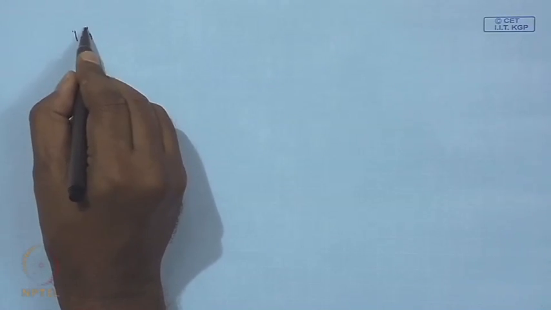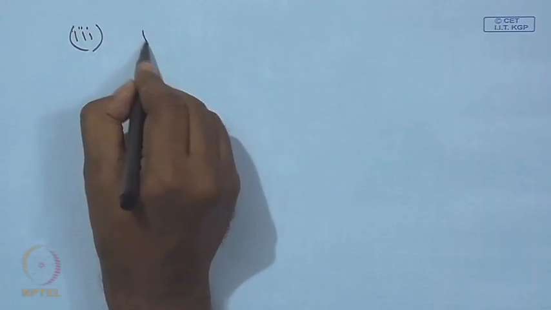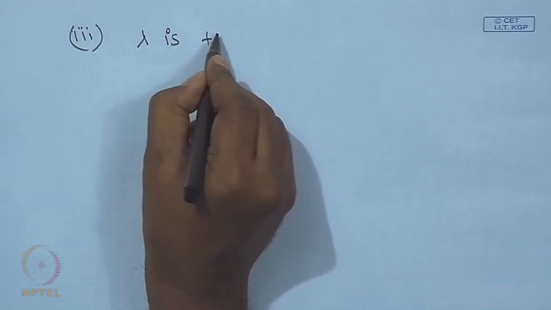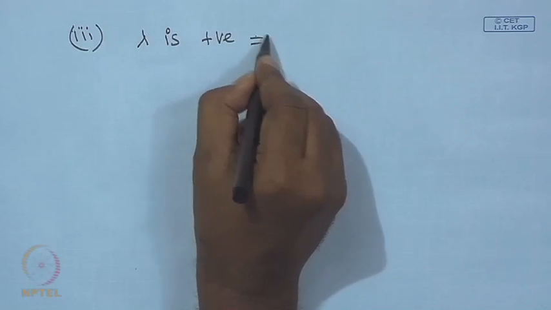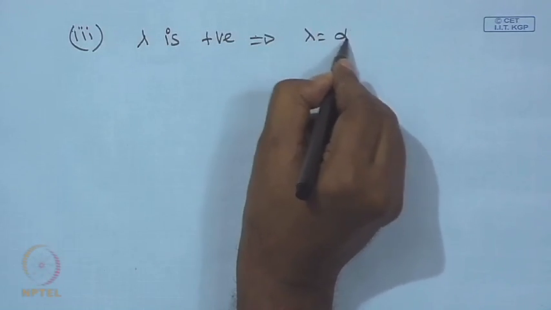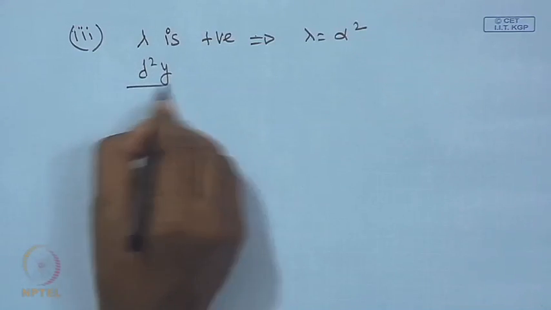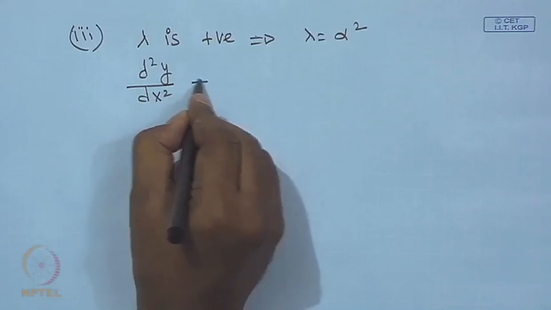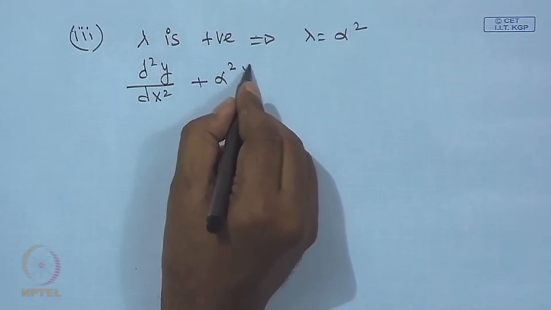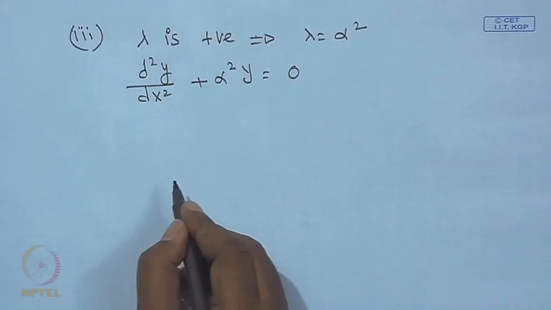And let us see what do we get. Case number 3, lambda is positive and it is equal to plus alpha square. So, d square y dx square plus alpha square y is equal to 0.